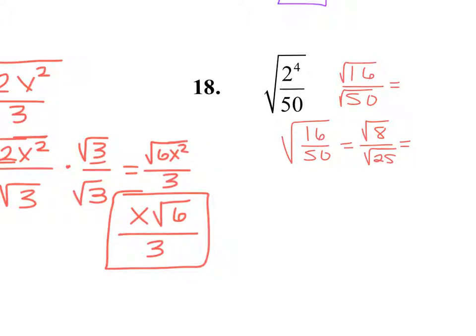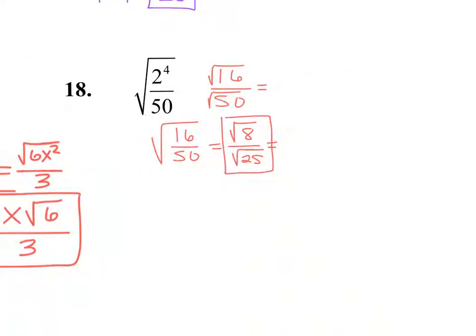You could do times the square root of 50, ooh, that's ugly. Or break it into simplest radical right there. But I would go from here. So from here, you have square root of 8 would be the square root of 4 times the square root of 2, right? So that's 2 rad 2 on top. What's the bottom? 5. And there's nothing you can reduce there, so that would be your answer.